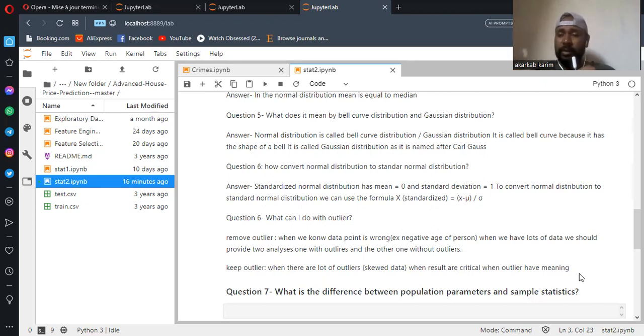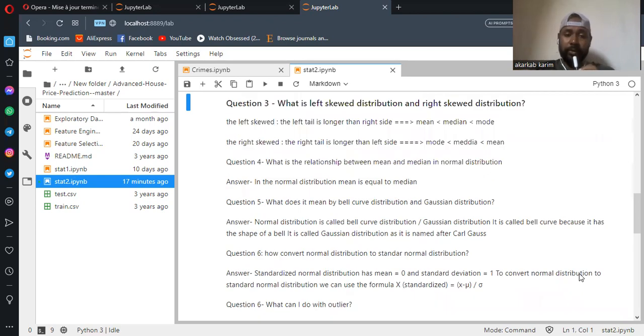Or we have critical results, meaning we have meaningful results based on the outliers, so we cannot drop them either. In real data science, domain knowledge is very important. It's not enough to just apply the technical part; we need a strong background or domain knowledge to do that.